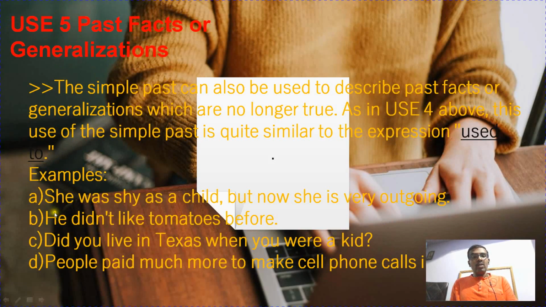He didn't like tomatoes, he was shy. Now she is better. Did you live in Texas when you were a kid? Past facts, important things, and generalizations. People paid much more in the past for cell phone calls, but now less, right? So to denote past facts or generalizations, we are using the simple past tense.